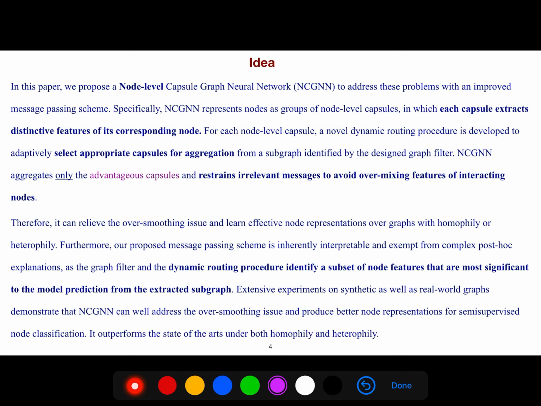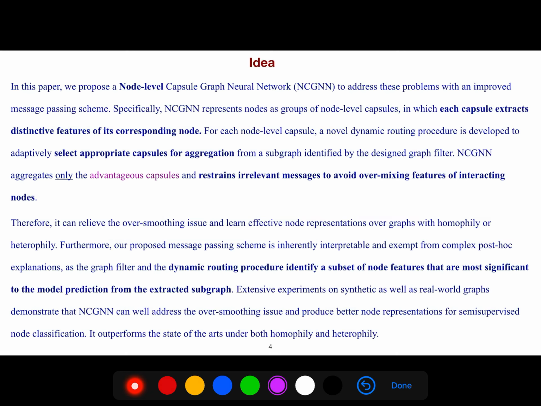So they propose a node-level capsule graph neural network to address these problems with an improved message passing scheme. NCGNN represents nodes as groups of node-level capsules, in which each capsule extracts distinctive features of its corresponding node.